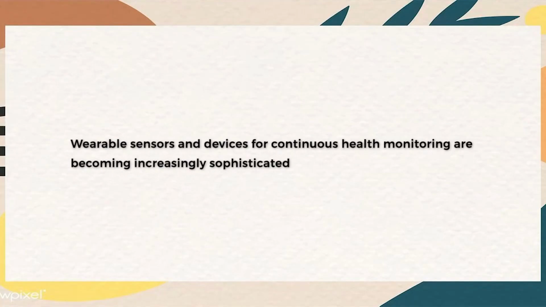Wearable sensors and devices for continuous health monitoring are becoming increasingly sophisticated. Emerging technologies include smart textiles, flexible sensors and integrated wearables. These devices offer real-time data on various health parameters, enabling proactive healthcare management.